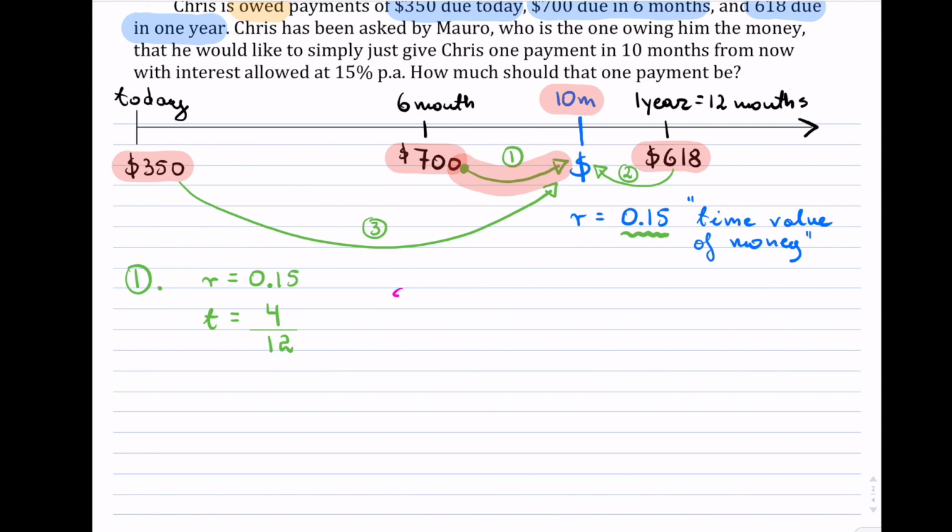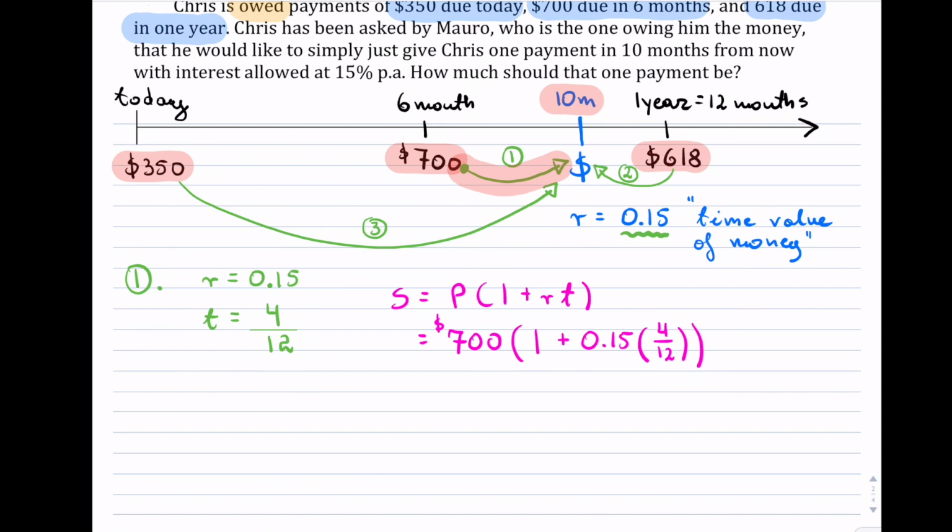So we have S is equal to P(1 + rt), and now we have to substitute the correct amounts. So P is $700, and we want to find its equivalent value at 10 months. 1 plus, well, 10 months is 4 months away. And as I said, this would be 4 over 12.